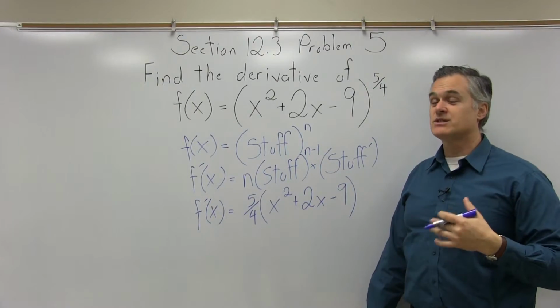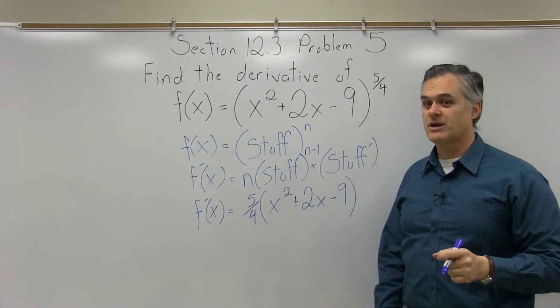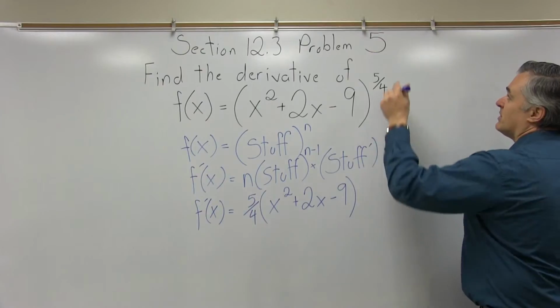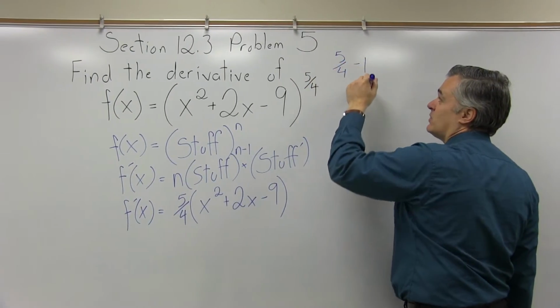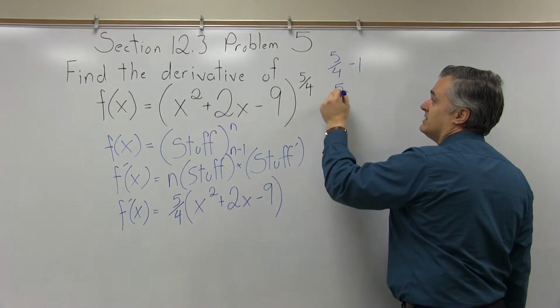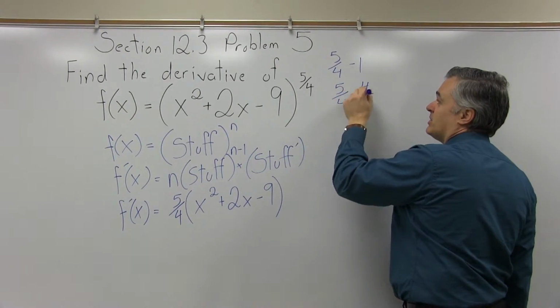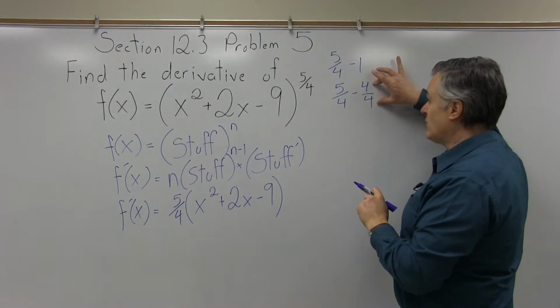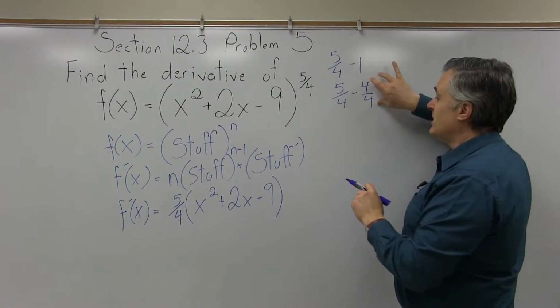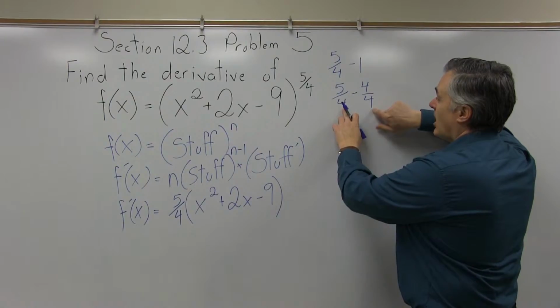Now, because it's a fraction, it's not something you might be able to do automatically in your head. So my new exponent will be 5/4, the previous exponent, minus 1. Now, to make that a little bit easier, it's nice if I have a common denominator. And the 1 I can write as 4/4. 4/4 is still a 1. But in this form, I have my common denominator.